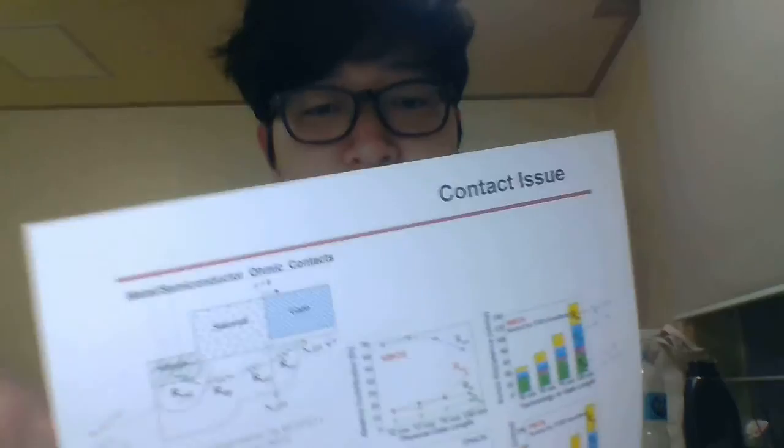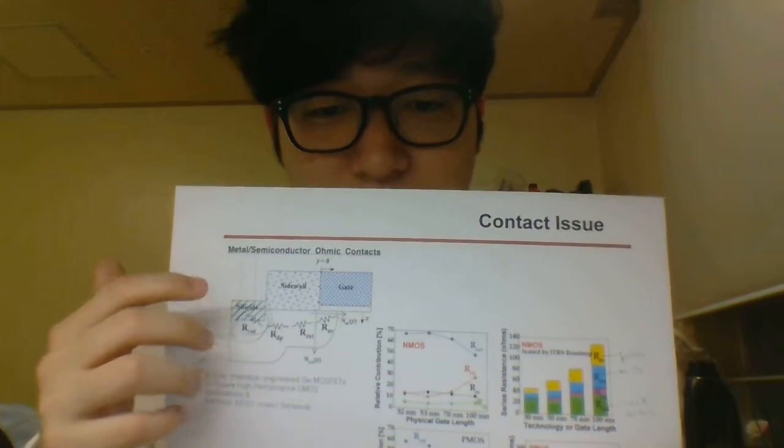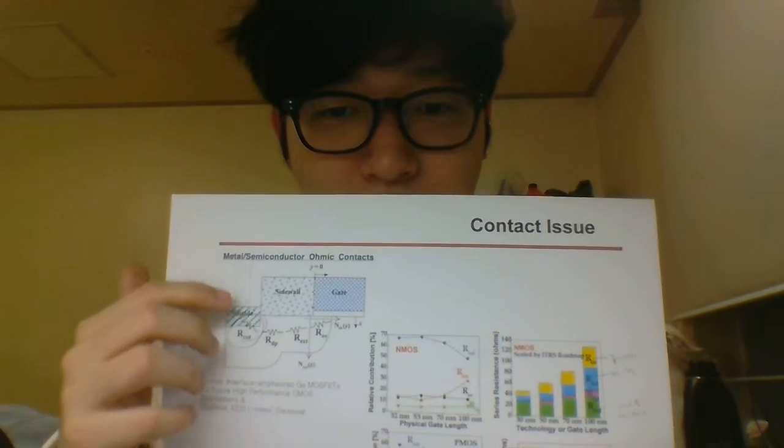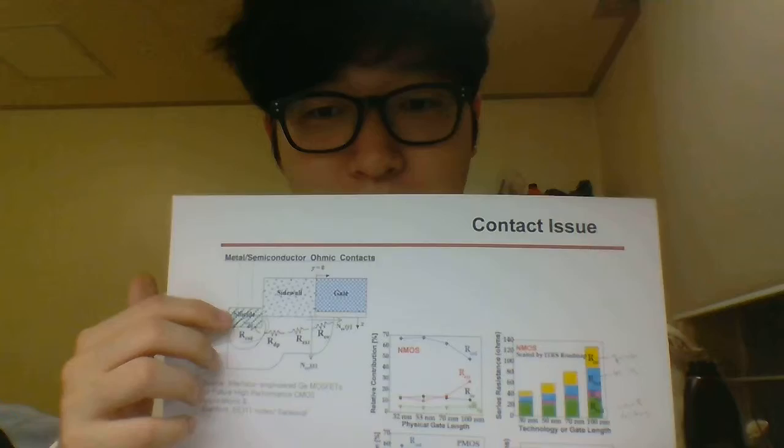As we learned in the previous chapters, the total resistance really matters because it is tied to the overall frequency of the MOSFET, hence the total resistance determines the total speed of the operations of transistors, and it is really important to take care of a thing known as the contact issue, which is the resistance between the metal part and the semiconductor drain and source part.